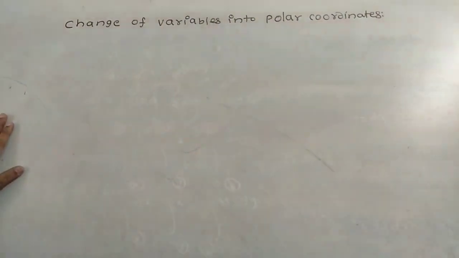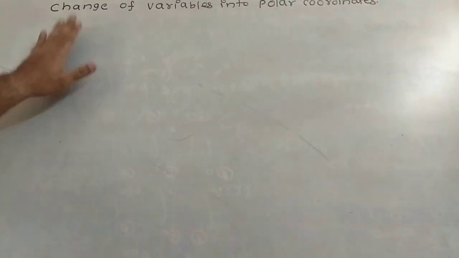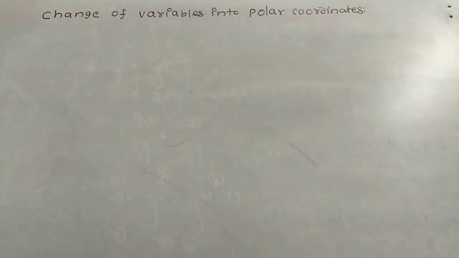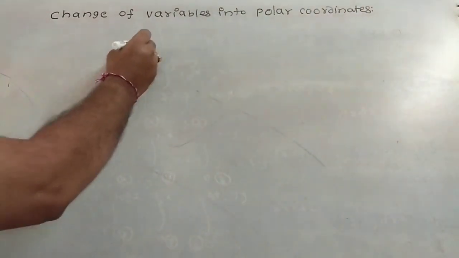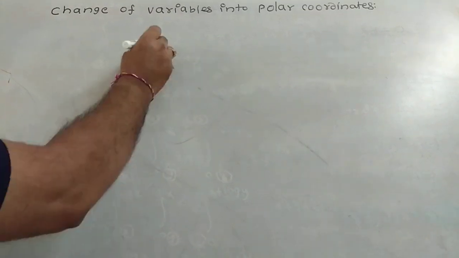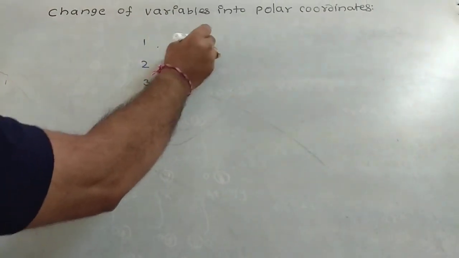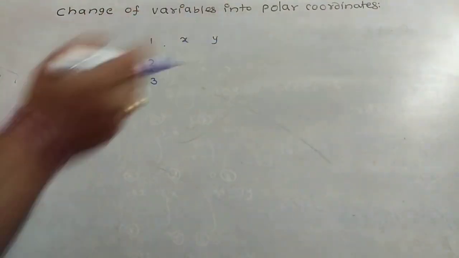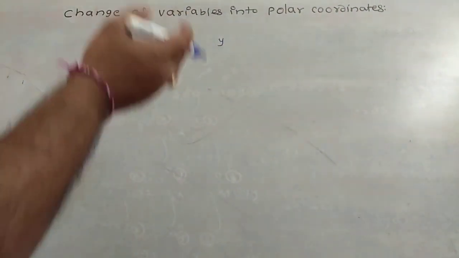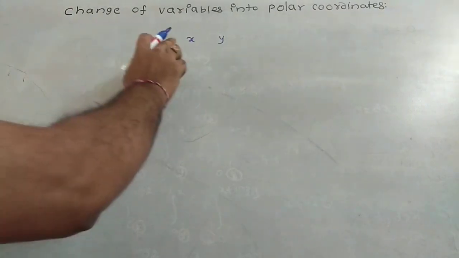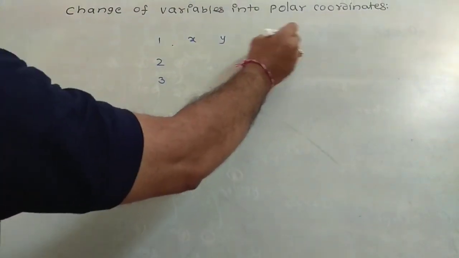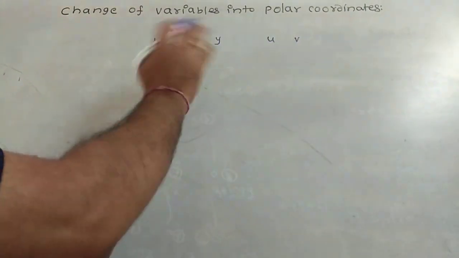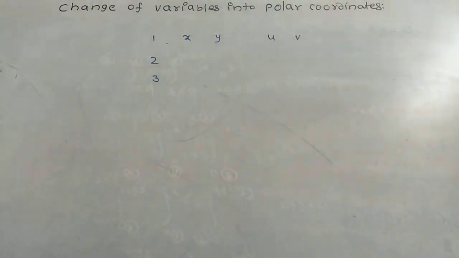The same type of logic is also applicable in the case of a double integral. Here also we are going to use three important tasks. One is the old variables, which are denoted here, x and y. They are converting into other variables, suppose in terms of u and v.